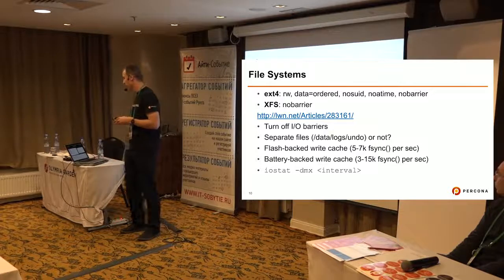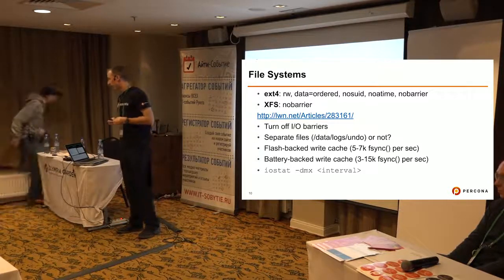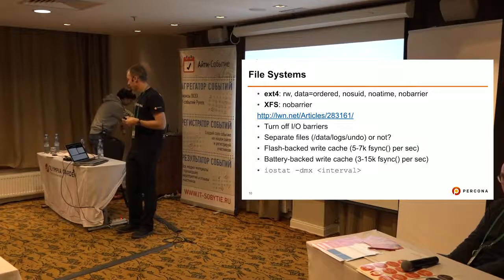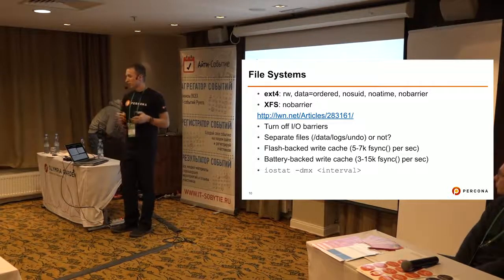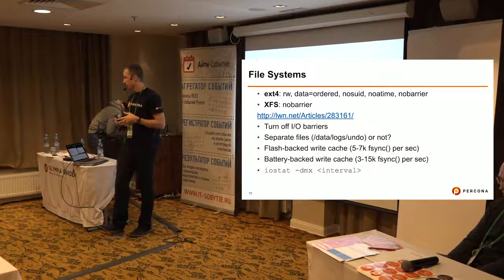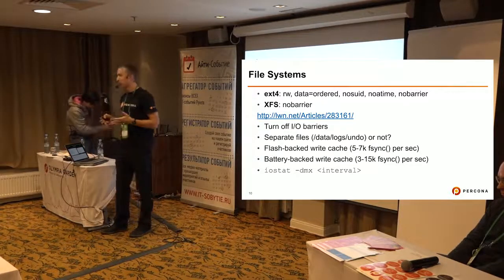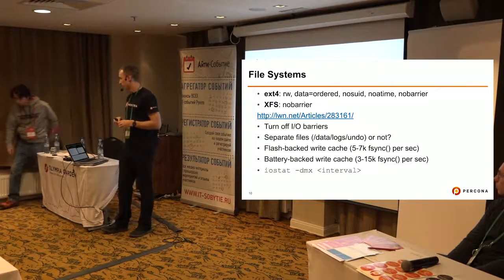And a quick benchmark with about 1.6 million SQL rows showed that with barriers enabled, the dump took about 527 seconds, while with barriers turned off, that time went down to about 21 seconds. So it's like 20 or 25 times better.